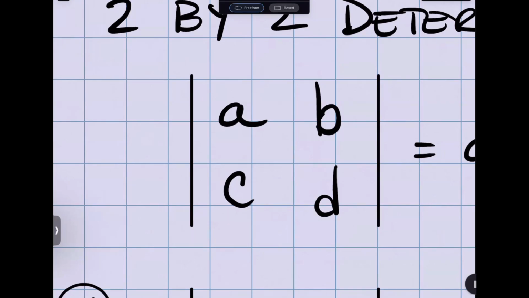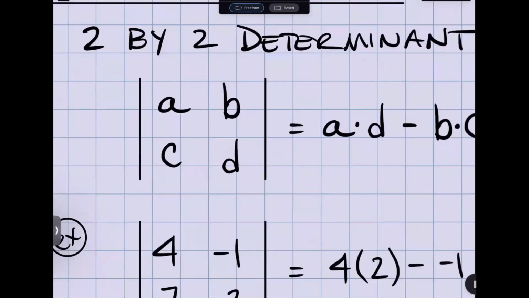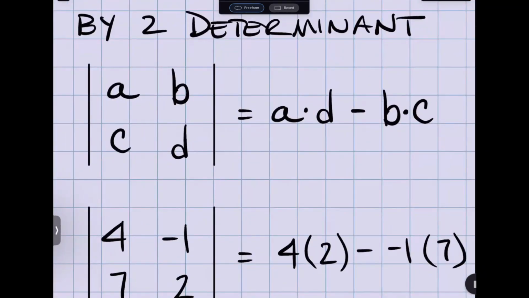Okay. So when you are doing a 2 by 2 determinant, to find out, it's actually a value. To find that value, it's going to be A times D minus B times C. So if you draw the Jesus fish facing to the right, that's what you would get.